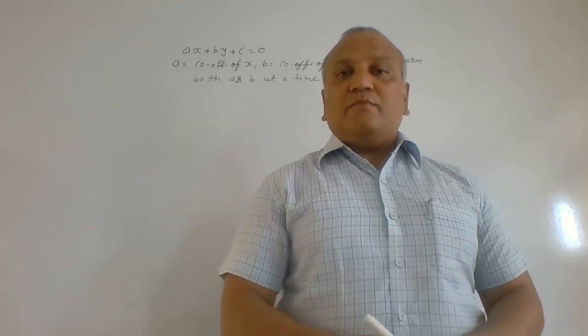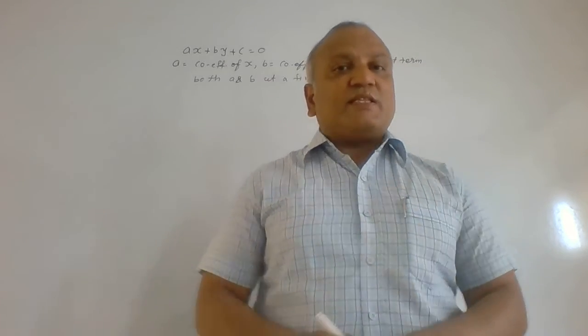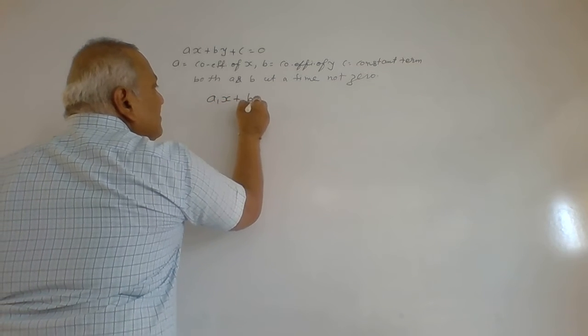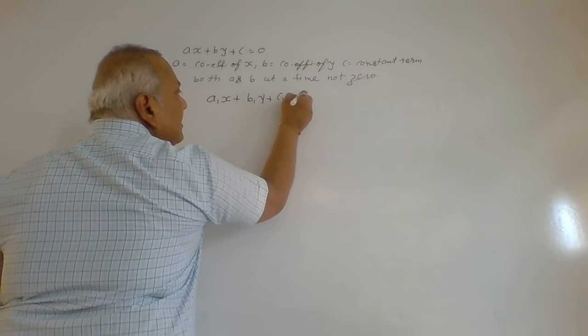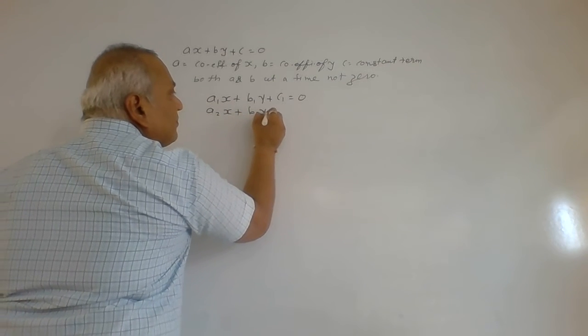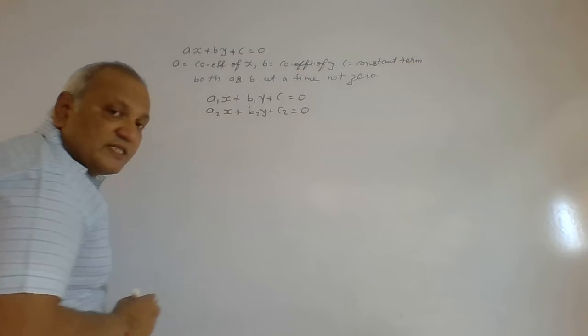First, the most important theory is two equations, and they are a1x plus b1y plus c1 equal to 0, a2x plus b2y plus c2 is equal to 0.